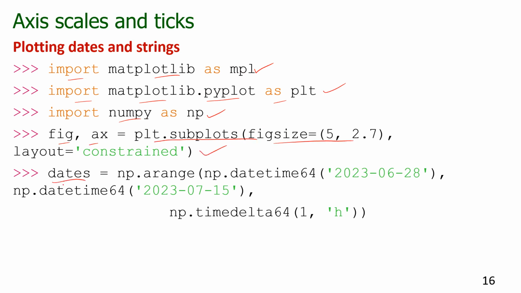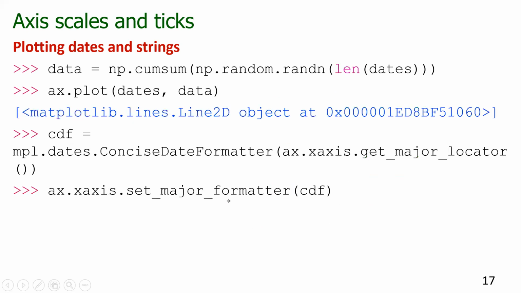Here we are defining dates with range, np.arange, np.datetime64. Here you can give the starting date and the ending date. Then the time delta 1 with hour, the format. Whatever the date range you give, those can be plotted.